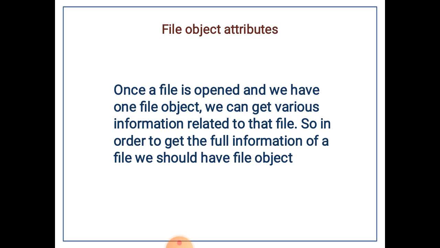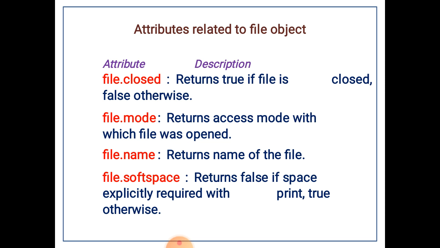And what are those attributes of the file object? File closed. It tells us whether the file is closed or open. If the file is closed, it gives out true as an answer. If the file is opened, then it gives false as the answer.